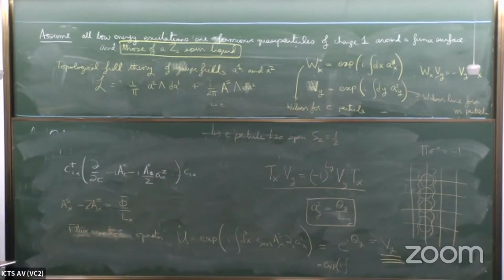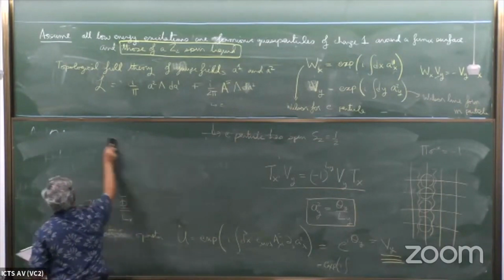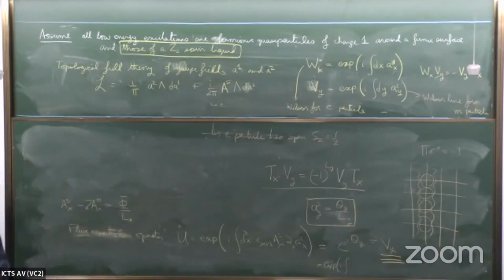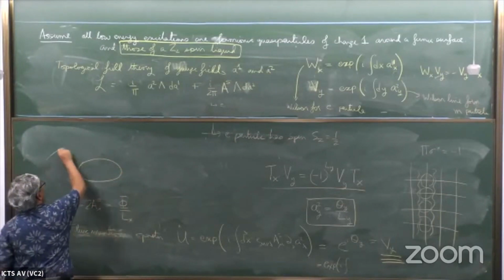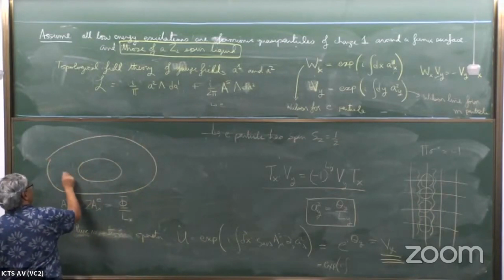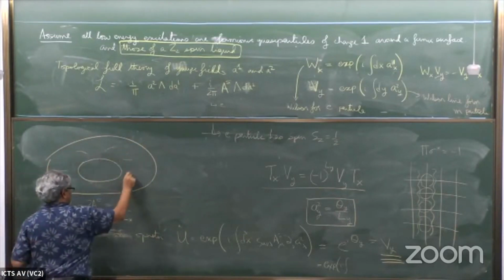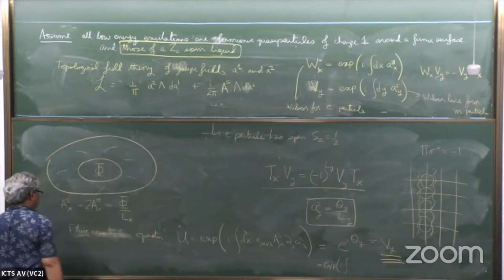All right, so what we have done effectively, if I just draw it in pictures. So here's a torus. I insert flux phi, it goes from 0 to 2 pi in the whole of the torus.